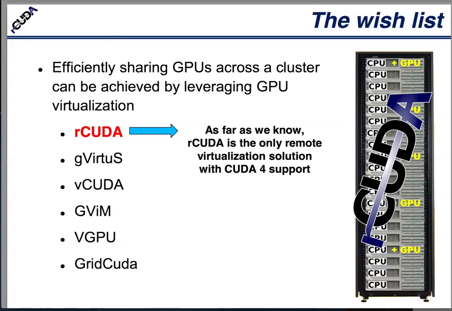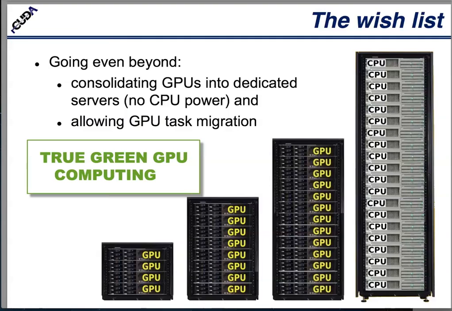Going beyond, our view is that in the future we can have GPU modules, like we now have storage modules, that will bring power to whatever CPU in the system. That is, we can have a box of GPUs and share these GPUs with all the CPUs in the system.